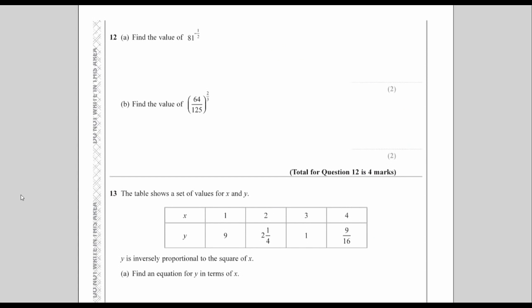Moving on. Question 12. Find the value of 81 to the power of minus a half. You really need to know your power rules here. 81 to minus a half. Now, a minus in a power means 1 over the same power, so half, without the negative.